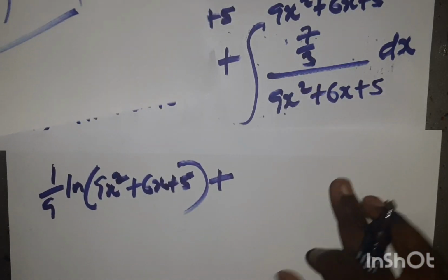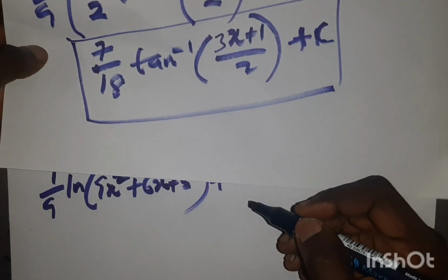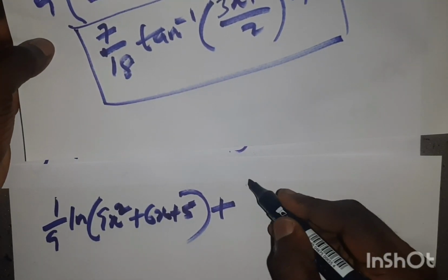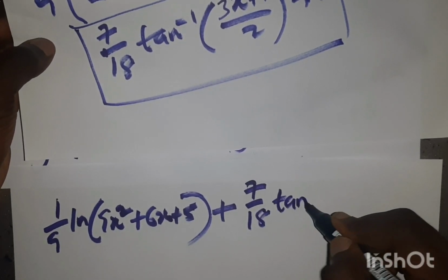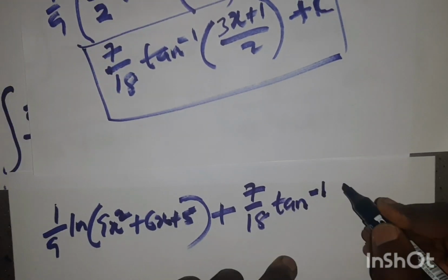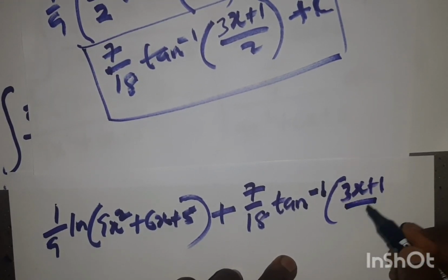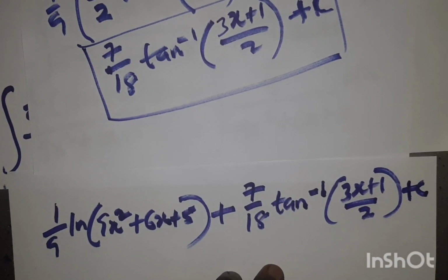That's plus 7 over 18 tan inverse of (3x plus 1) over 2, and then plus c. So that's it.